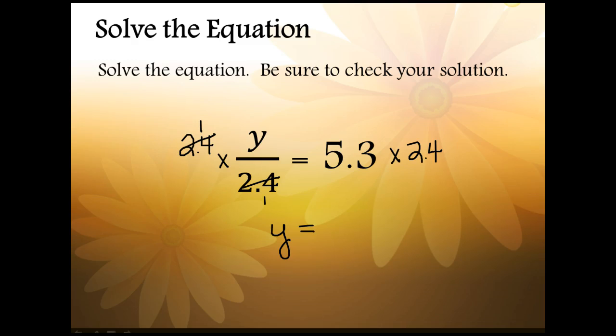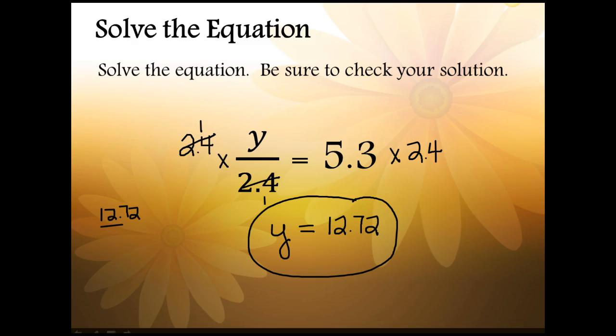Y is equal to 5.3 times 2.4, and that is 12.72. Of course, I always want to check my answer, so I will divide 12.72 by 2.4 to confirm that it does equal 5.3.